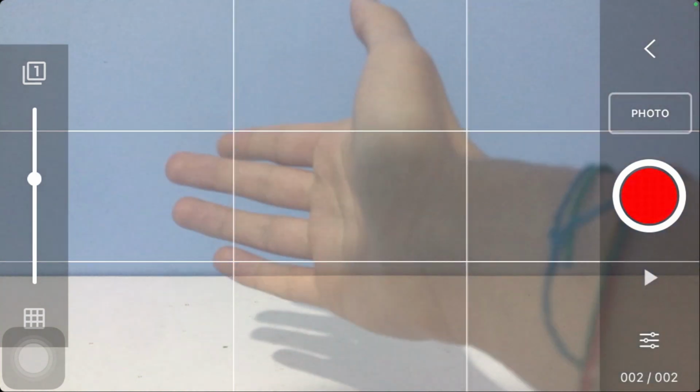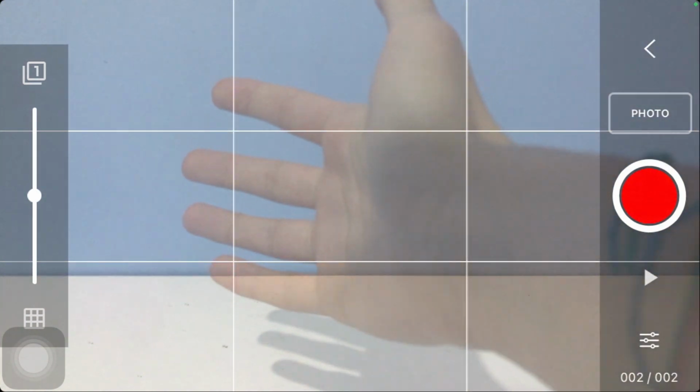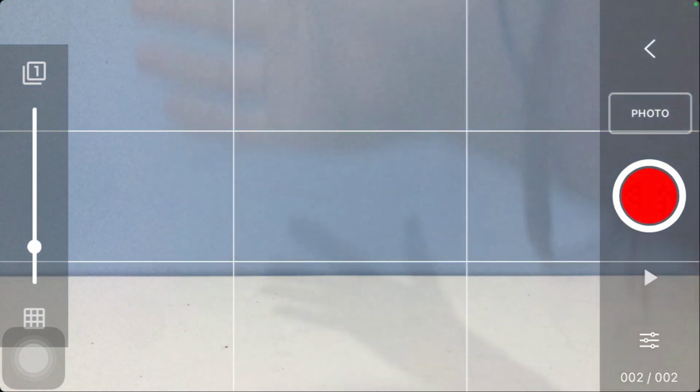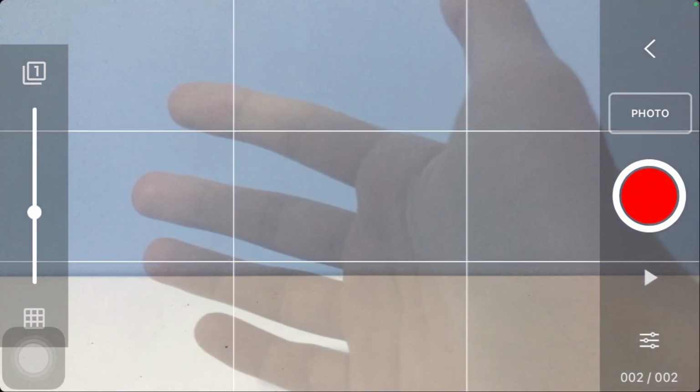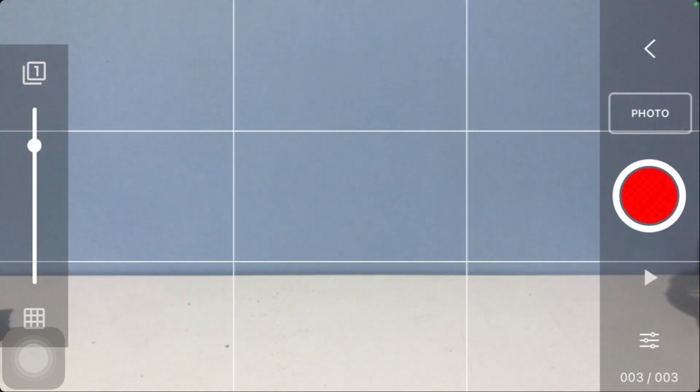So we're going to take the second frame, and here we can change the opacity of the actual frame. So if we need to see what was the last position, we can use this option. So second frame. Picture.